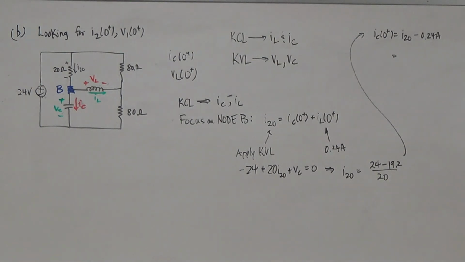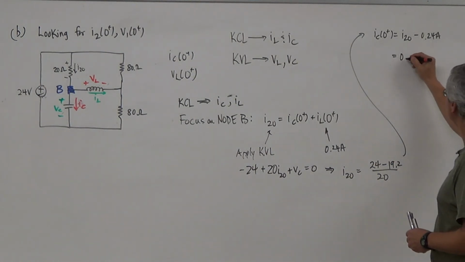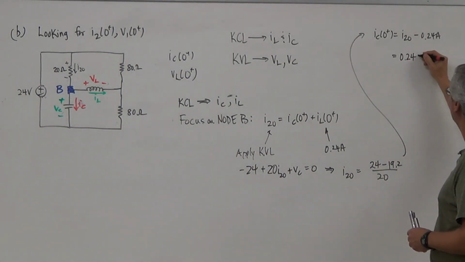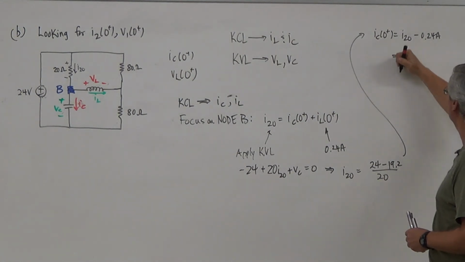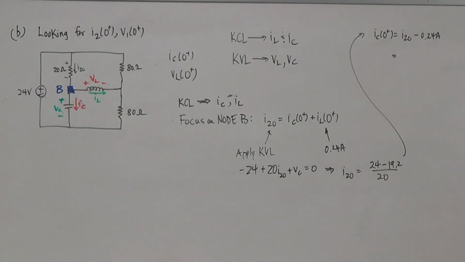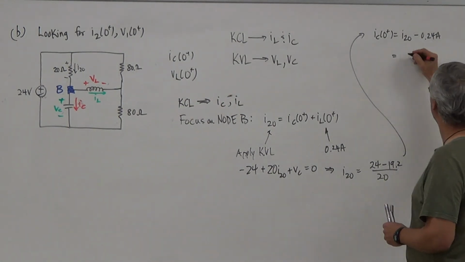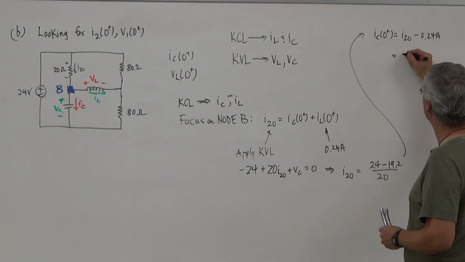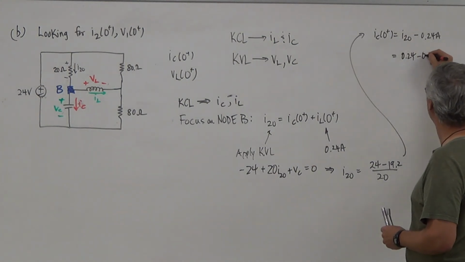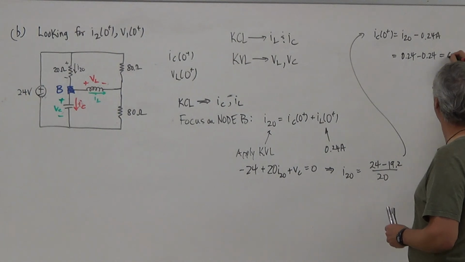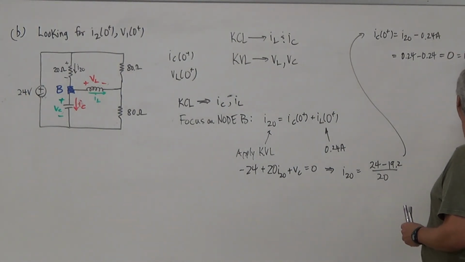Anybody have a calculator going? Yeah, 0.24. What do you get? So it's this guy right here? It's 4.8 divided by 20, so it's 0.24.